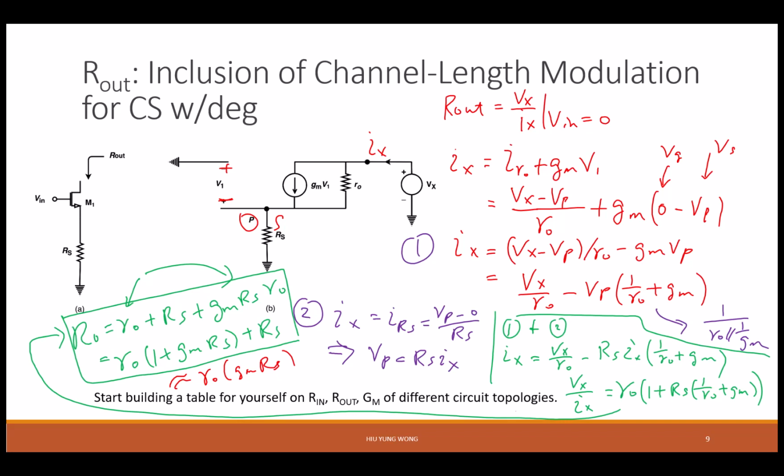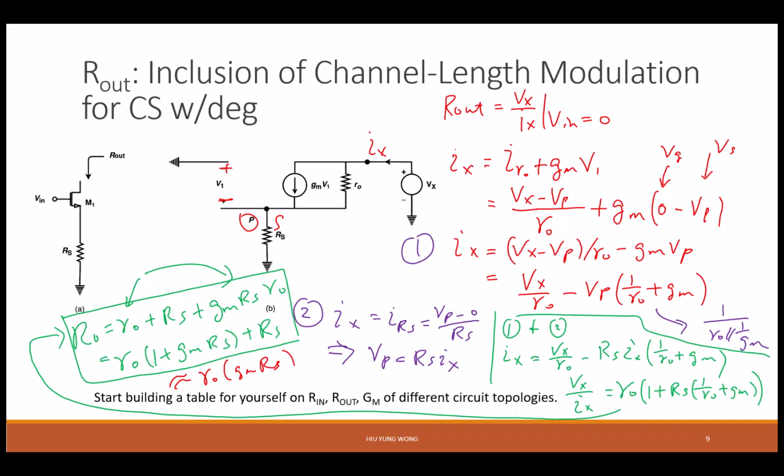So what is the relationship? Well, definitely the first is that Ix must be equal to the current going through r_out plus gm V1. Yeah, that's what you said. Thank you.